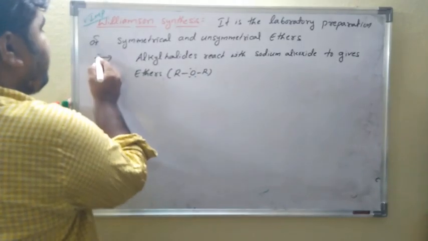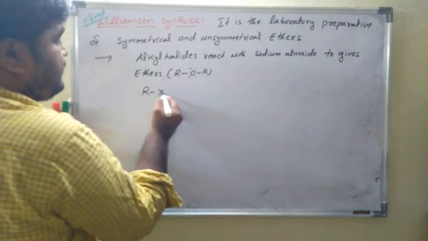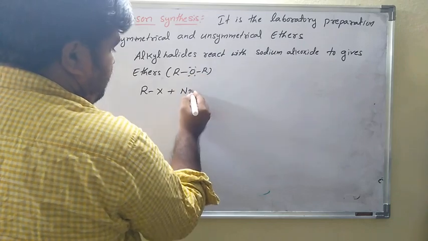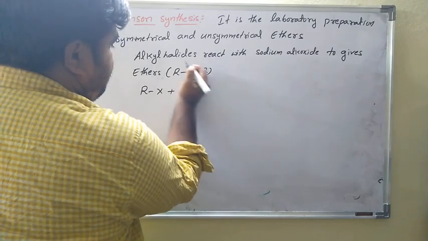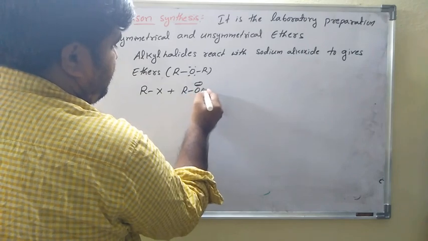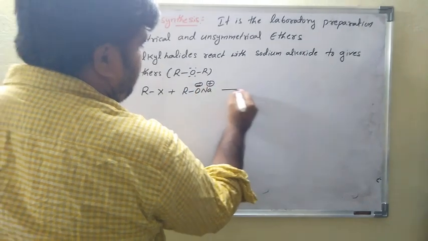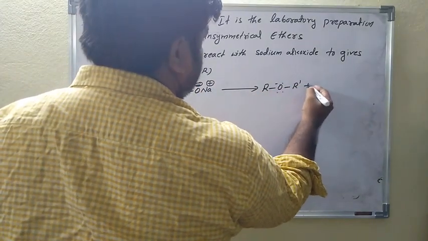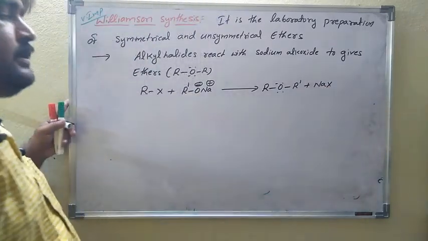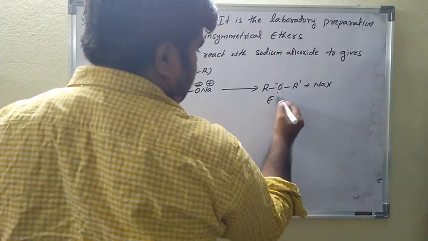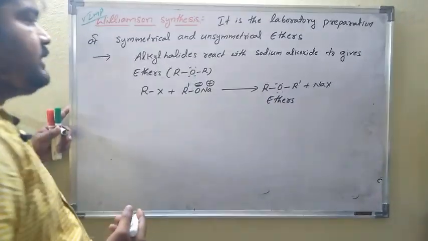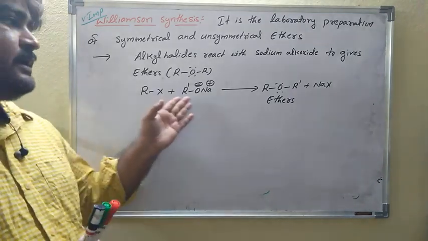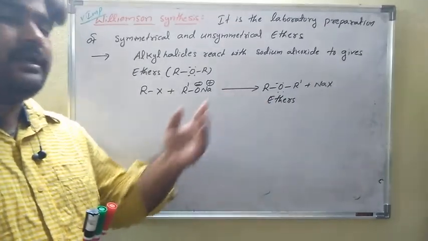Alkyl halide reacts with sodium alkoxide, RO minus Na plus, to give ROR dash plus sodium halide. Is it clear? So alkyl halide reacts with sodium alkoxide to produce the ether and sodium halide.